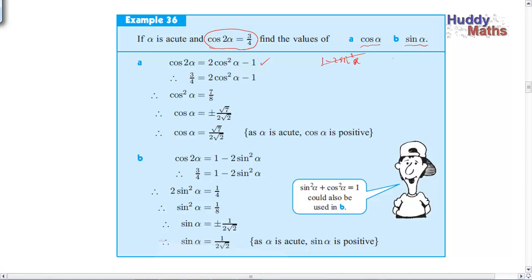Remember, there's a choice of 3 for cos 2 alpha. We just proved them up above. So cos 2 alpha is 3/4, so 3/4 equals 2 cos squared alpha take 1, and therefore adding 1 to both sides, 2 cos squared alpha equals 7/4, dividing by 2, cos squared alpha equals 7/8. So now you have to find the square root of that.